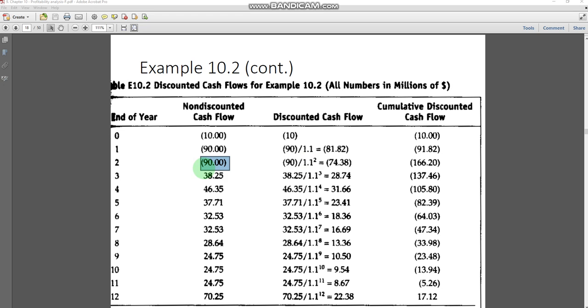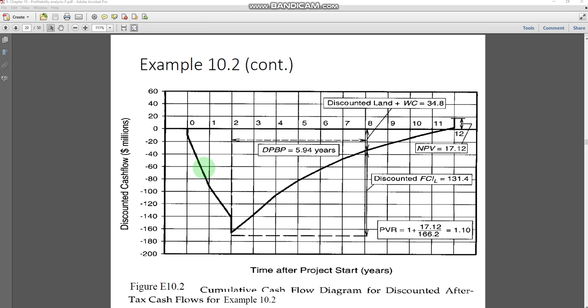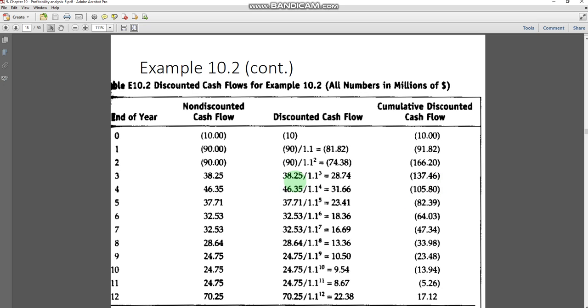Okay, so that will give you the fixed capital investment, excluding the land, which comes out to be $131.4 million. Once you have the value of $131.4 million, you have to come back to this table again and see where you can add and get the value for the $131 million.